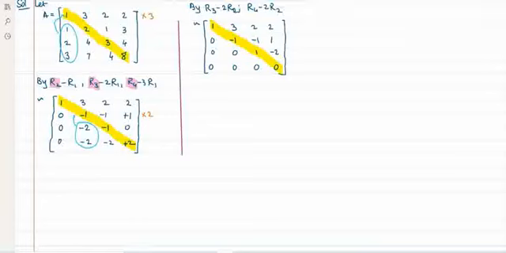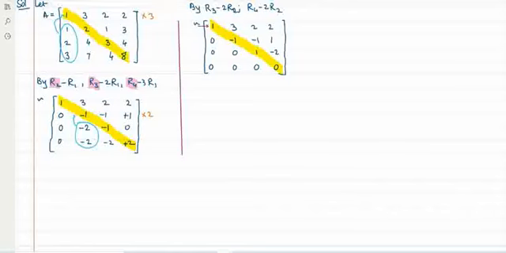Those who are giving the elementary transformation, I will ask one question. Is the obtained matrix in echelon form? What is the echelon form? First thing, the elements below the diagonal are all 0.